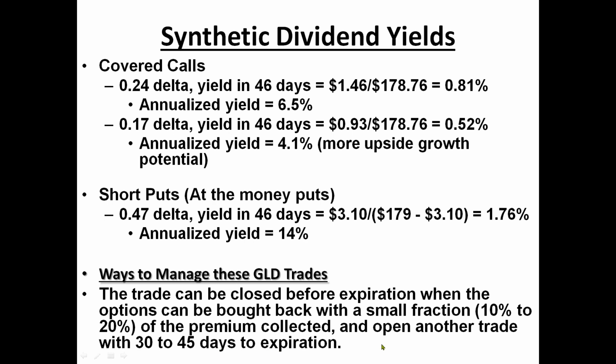This is a continuous trade that you can do with GLD, especially now that it is in an upward trend, so that you can produce income while you still have a lot of growth potential in the underlying gold shares as well.